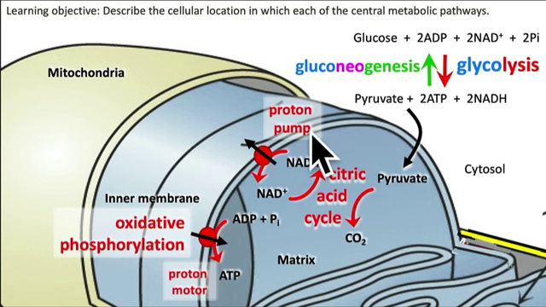And since these complexes are all transmembrane, and since these complexes interact with substrates both in the matrix and in the inner mitochondrial space, oxidative phosphorylation is best described as taking place in the inner mitochondrial membrane. And right now, I want to go back and look at glycolysis and gluconeogenesis.